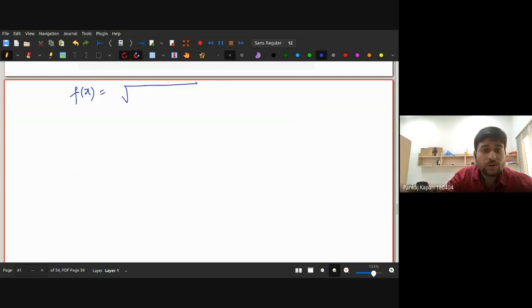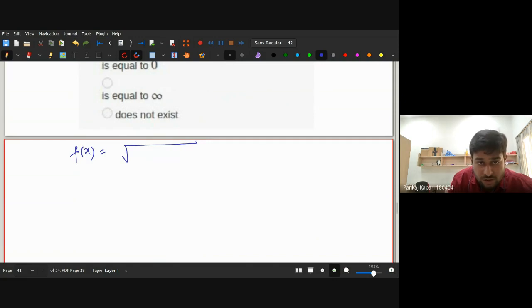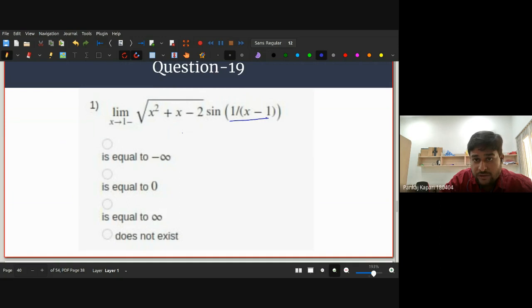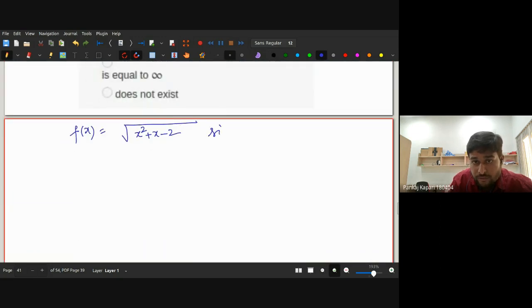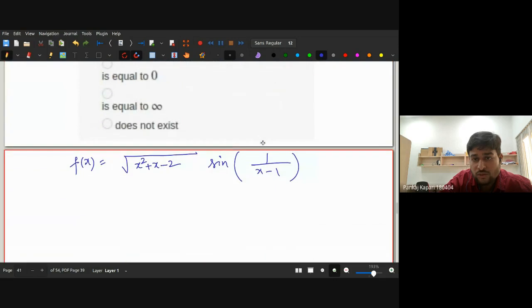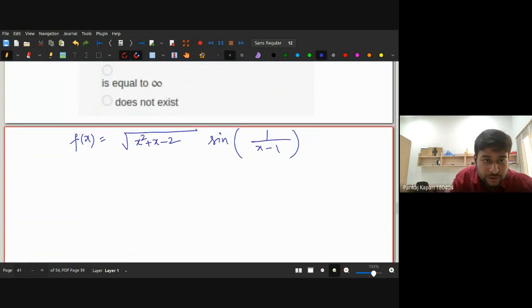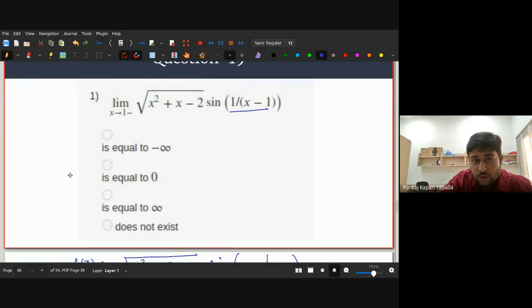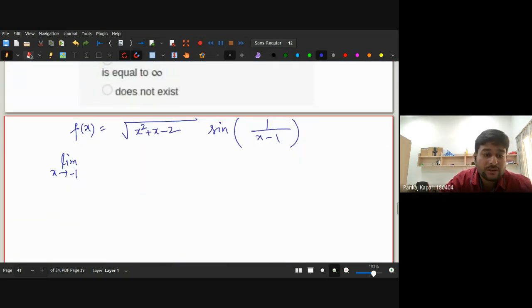It is square root of x square plus x minus 2, and then we have sine of 1 over x minus 1, right? And we have to investigate this limit, x goes to minus 1, and no, it says that x goes to 1 from the left hand side of f x.